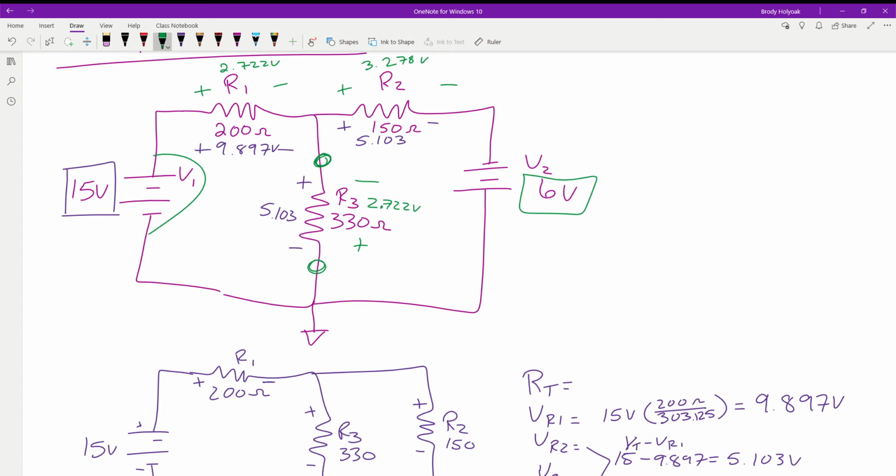So R1 and R2, both polarities are in the same direction, so those guys are going to add together. R3, they're going to subtract from each other. And which one's the final polarity going to be in? The more dominant. The larger voltage is going to win and have its polarity.